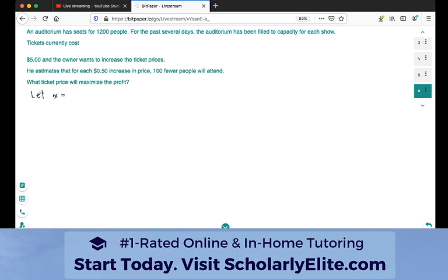So the x value should equal the number of 50-cent price increases.